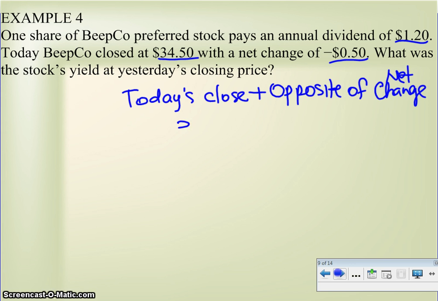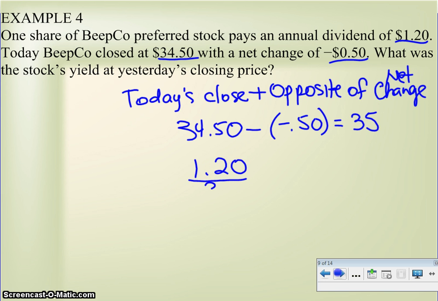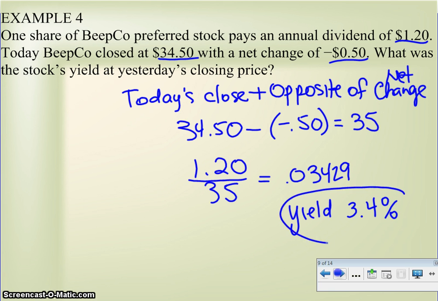So we're taking $34.50, which is its closing, minus, again, the opposite, the negative 50. So yesterday's close was at $35. We then take the $1.20 that he gets per dividend over the 35, which was the previous close, and we end up with 0.03429. Once we multiply that by 100, the yield here is 3.4, rounded to the nearest tenth, 3.4%.